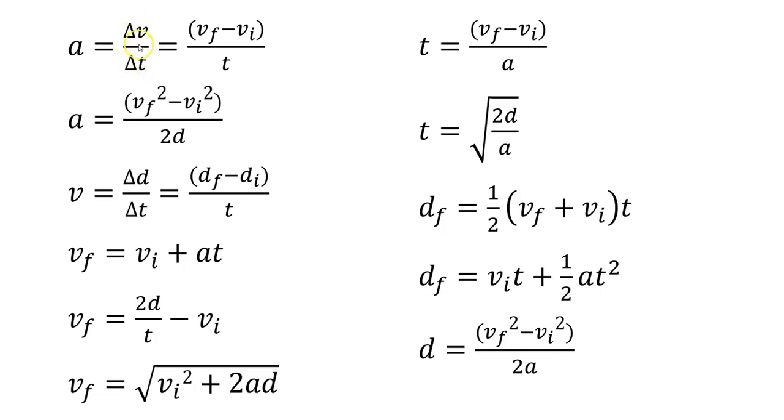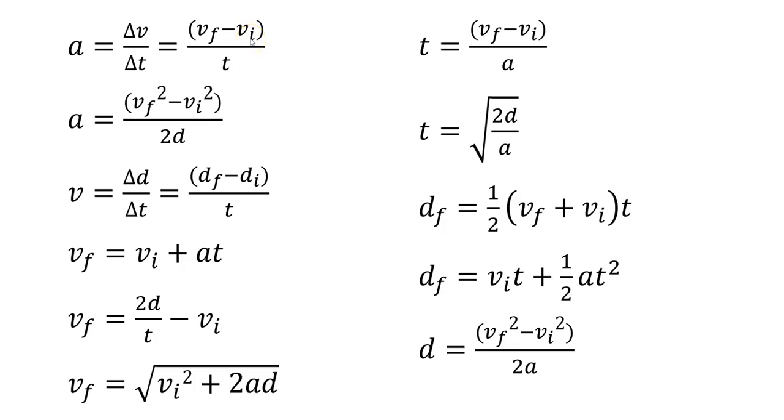Hopefully you remember that delta means a change. And when we look at the change in any variable, we look at the final minus the initial. So we can write our equation delta v over delta t, or we can write vf minus vi over our t, our time. vf means velocity final. vi is velocity initial.